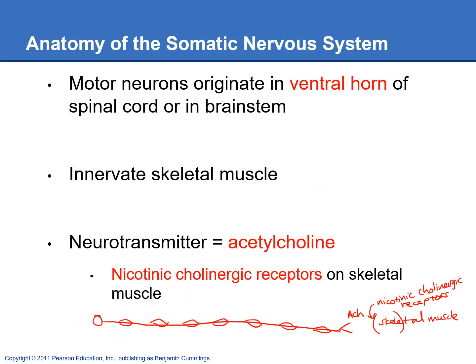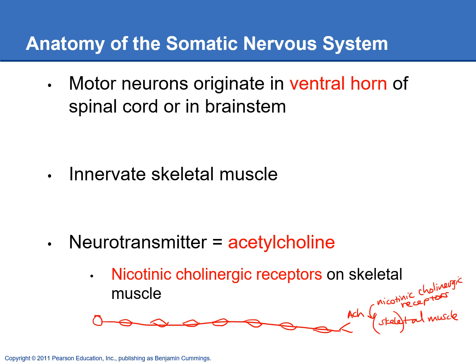And as far as the anatomy of the somatic nervous system, the cell body of the lower motor neuron is going to be in the ventral horn of the spinal cord, or it could be in the brainstem. And that's really different from the autonomic nervous system, where the cell body of the preganglionic neuron will be in the lateral horn instead.